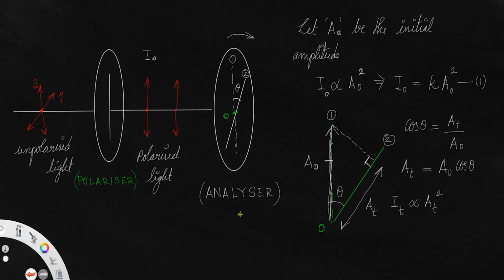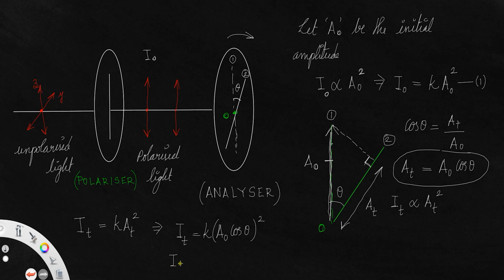So expanding this, you'll get IT is equal to some constant K into AT square. If you remove the proportionality, you have to multiply with a constant. So this will give IT is equal to K into, instead of AT, I can put this value, A0 cos theta, square.